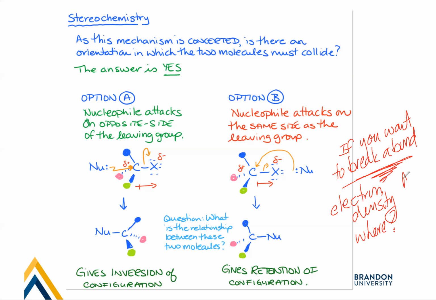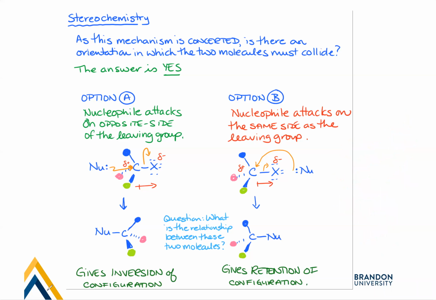Think of a molecular orbital diagram. Right, the antibonding orbital. So if you want to break a carbon halogen bond, a sigma bond here, you need to put electron density in the antibonding sigma star CX orbital. So that's where you've got to put the electron density.